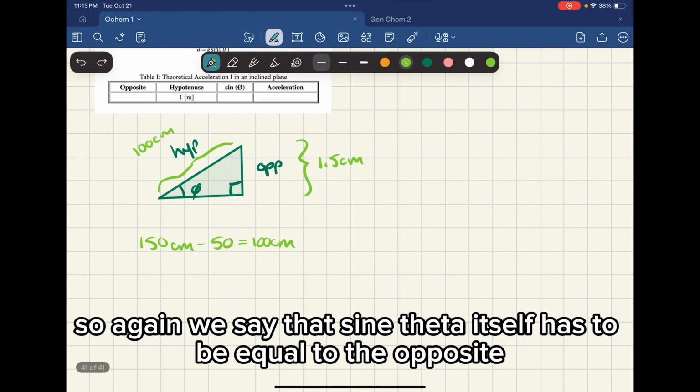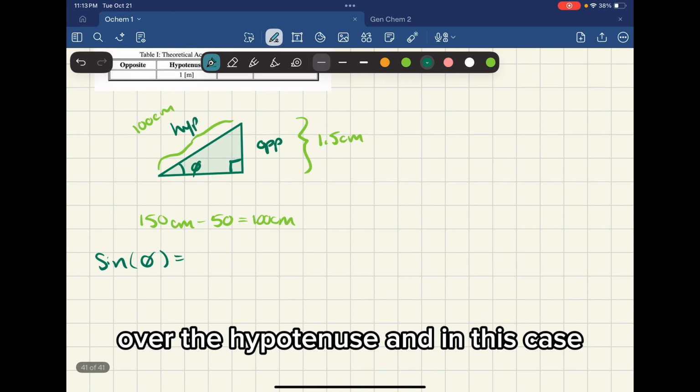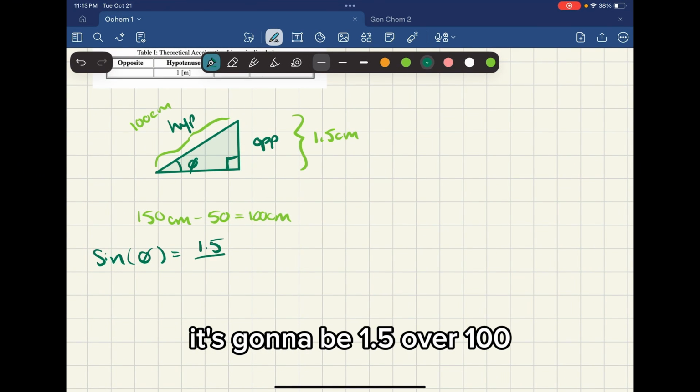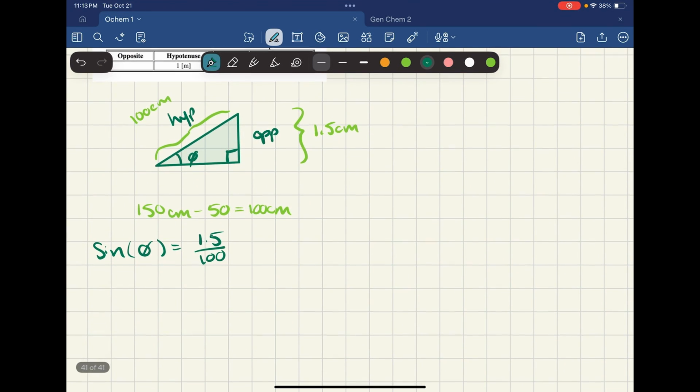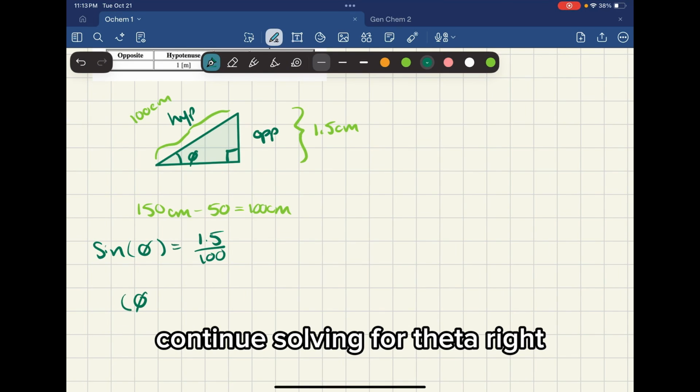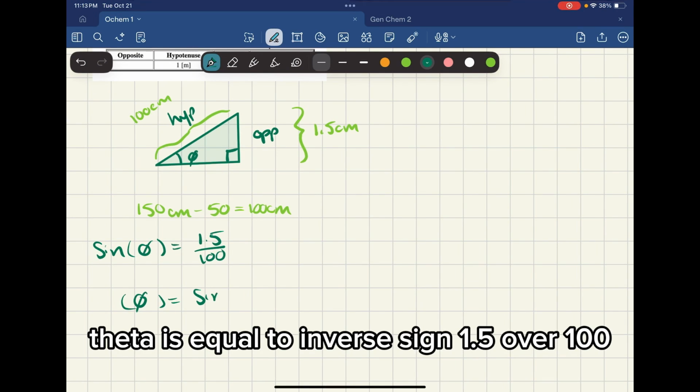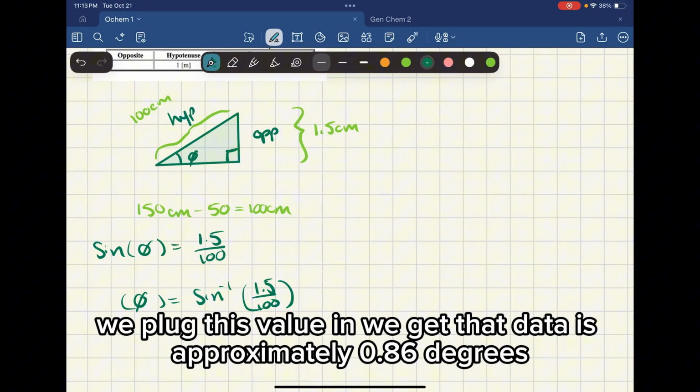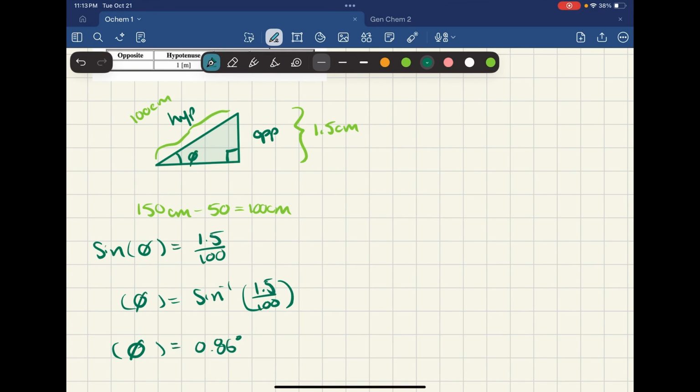So again, sine theta itself has to be equal to the opposite over the hypotenuse, and in this case it's going to be 1.5 over 100. Continue solving for theta: theta is equal to inverse sine of 1.5 over 100. We plug this value in, and we get that theta is approximately 0.86 degrees.